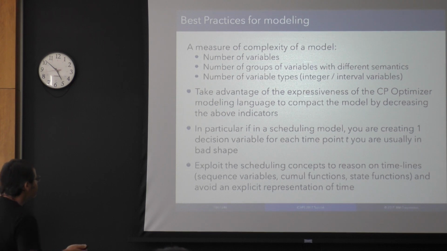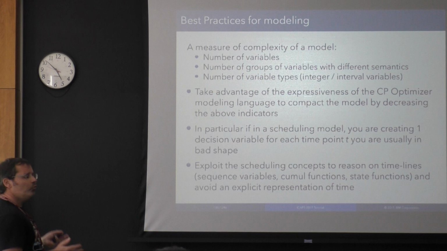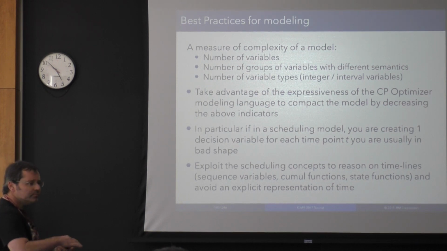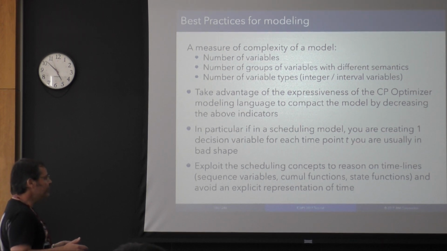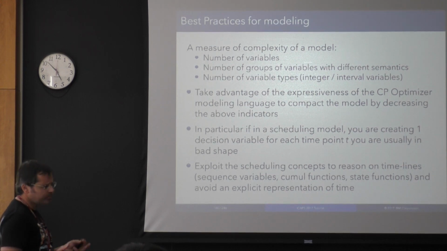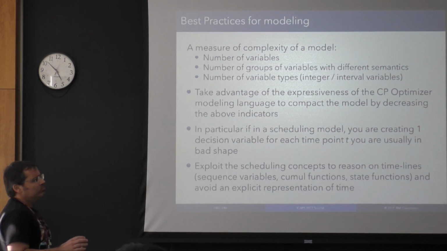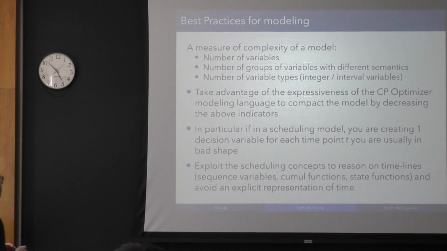Ideally, you can have a model with few decision variables, few types of different variables with different semantics, and, for example, avoid mixing integer and interval variables. Yes, those are general things that you can use as guidelines.